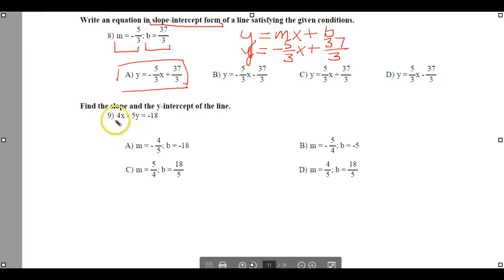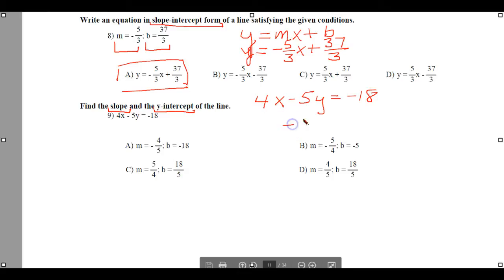Now, here we have an equation in standard form, and they want us to find the slope and the y-intercept. Well, in a case like this, we would solve for a positive y.